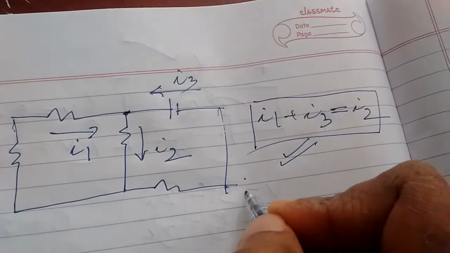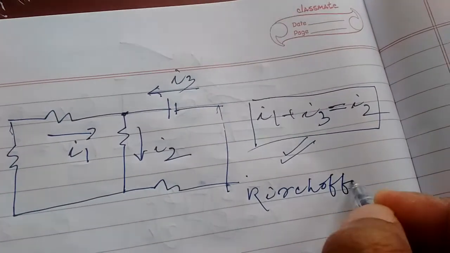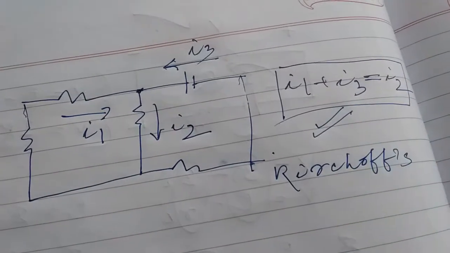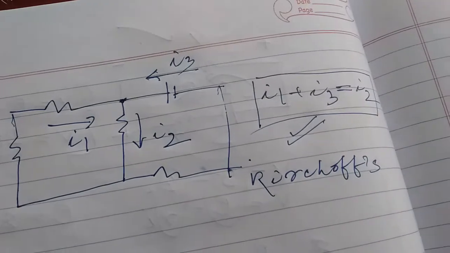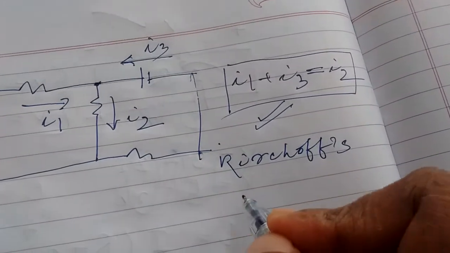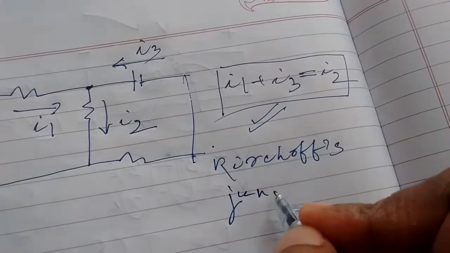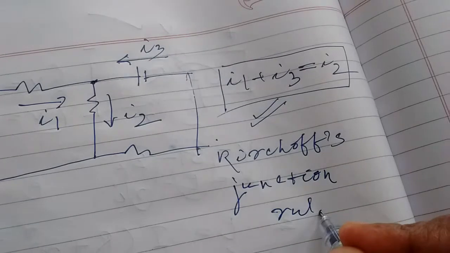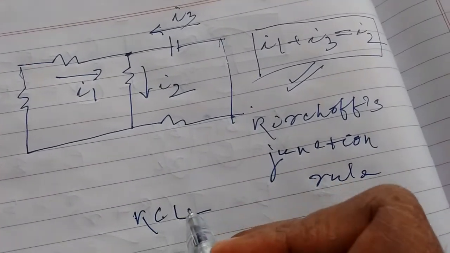It is also called Kirchhoff's current law or junction rule. It is also called junction rule or KCL also, Kirchhoff's current law.